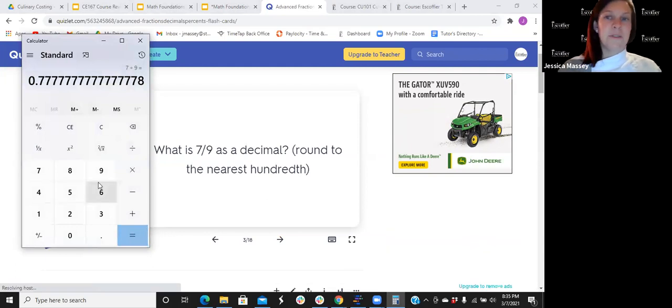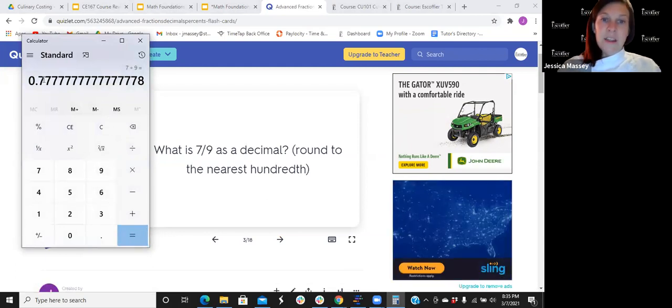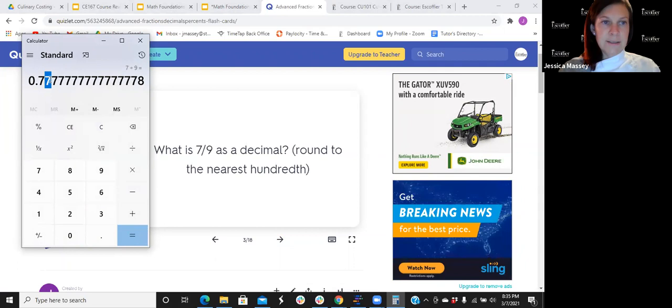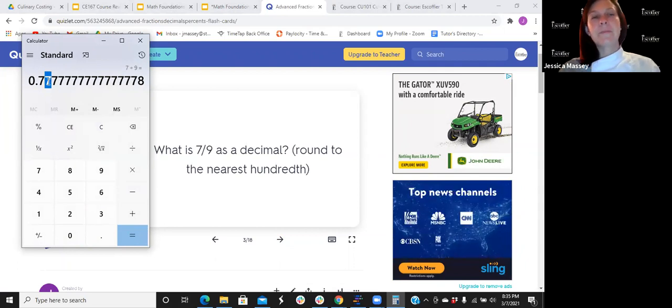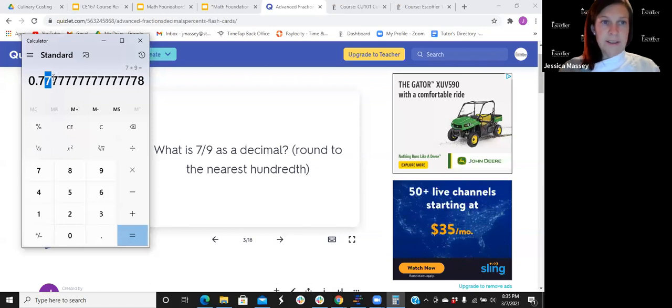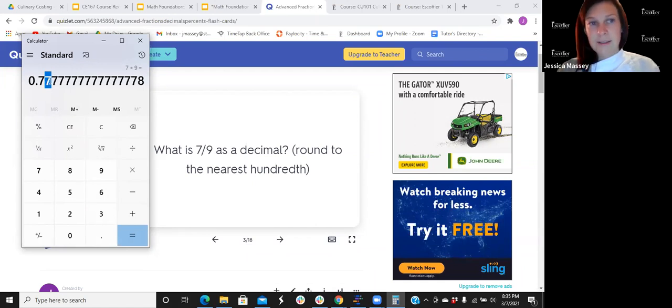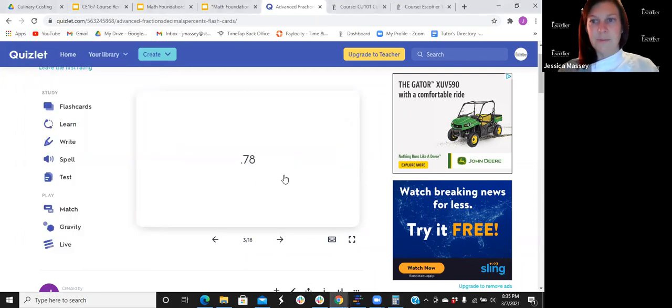So just touching base on those rounding principles again. The hundredth is your second place, the 7 here. You look to the digit to the right to determine what we do to them. Since it's 5 and above, it's forced to change who it is. So that means this guy has to go to an 8. So it would be 0.78 would be your answer rounded to the nearest hundredth.